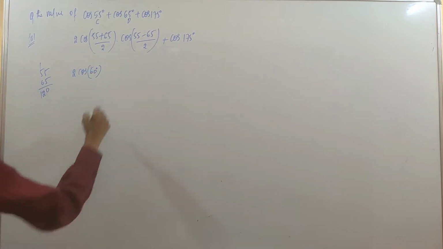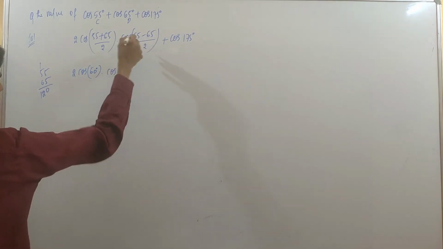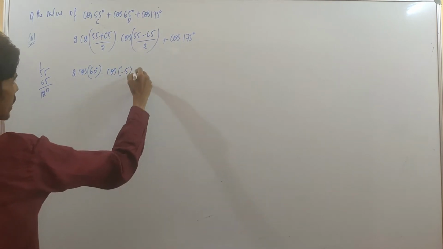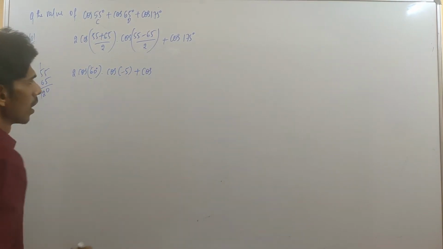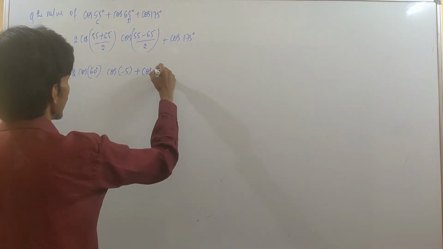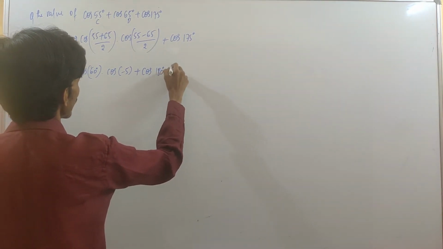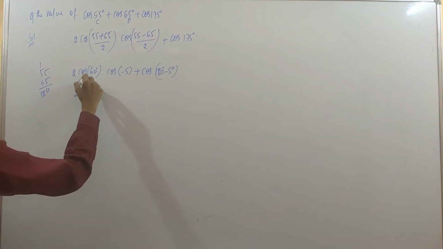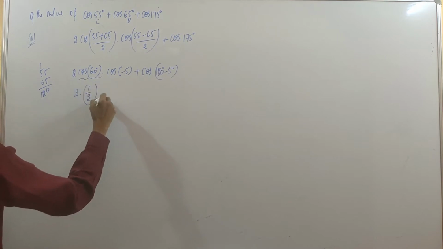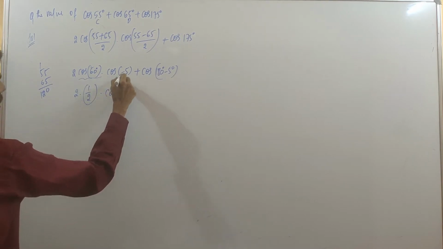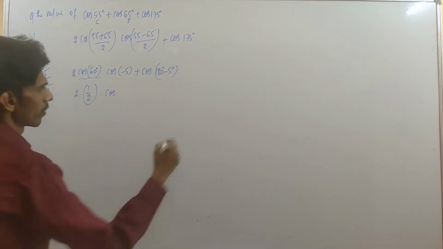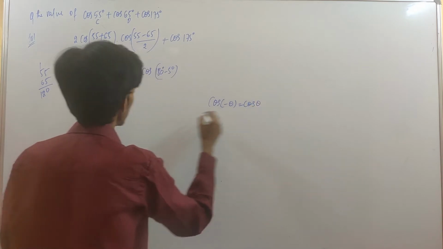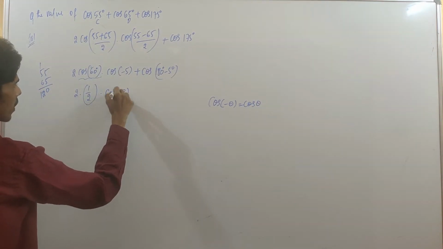So it will become 2 cos 60 into cos of (65 minus 55 is 10), minus 10 by 2 is minus 5 degree, plus cos 175 can be written as cos of 180 degree minus 5. 2 into cos 60 value is 1 by 2, into cos of minus theta, which is cos theta. So this will become cos 5 degree.